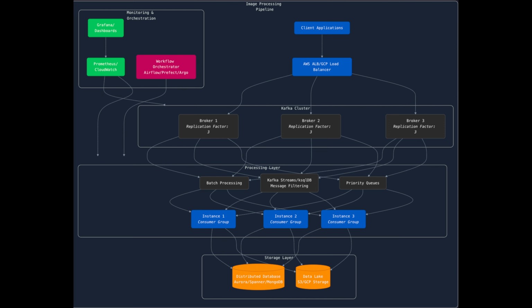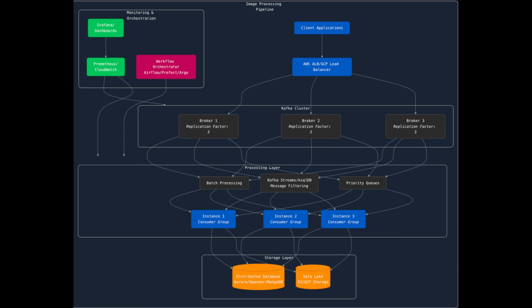Regarding cloud deployment, you can use cloud-managed Kafka services like AWS MSK, Azure Event Hubs, or Confluent Cloud to reduce the operational overhead and ensure reliability. We can also use serverless compute.